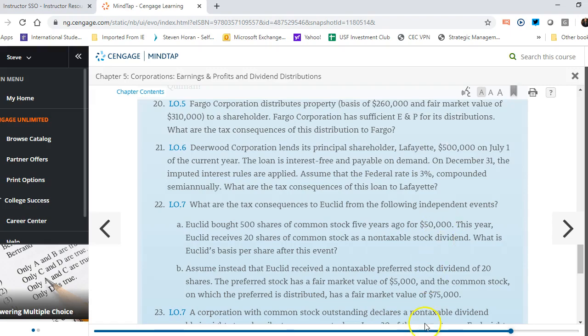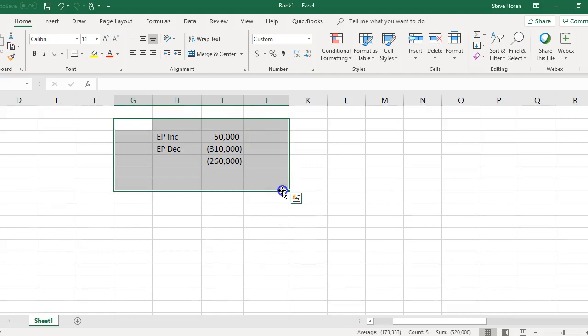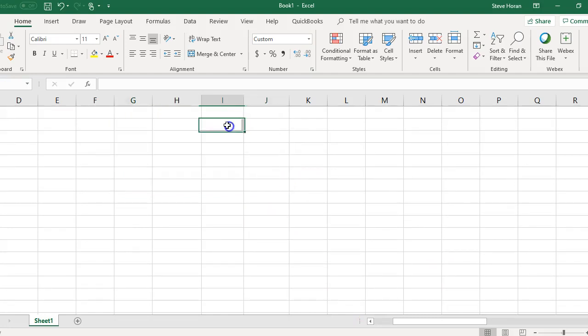Okay. So here's the way it works. And I'll do what I call the PIT method of interest. And by PIT, I mean principal times interest times time. So if you ever heard that method, the PIT method of interest. So principal is $500,000. Interest was 0.03.